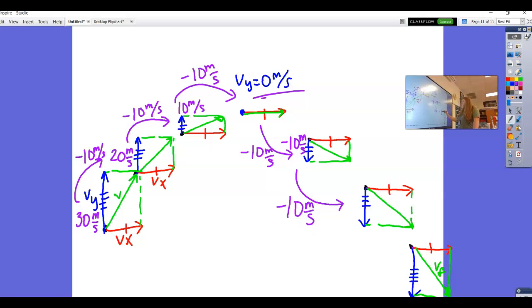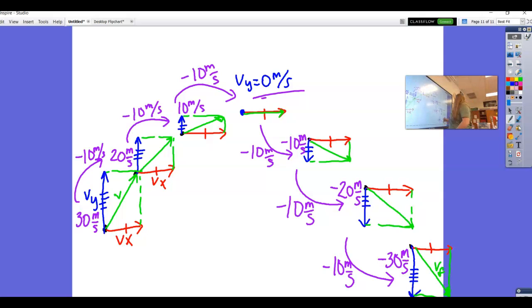So now my velocity is negative 20 meters per second. And now we can gain even another 10 meters per second in the same direction. So we end up moving at negative 30 meters per second after 6 seconds.